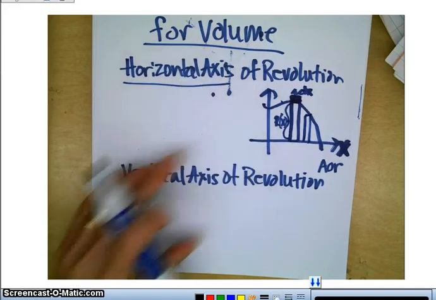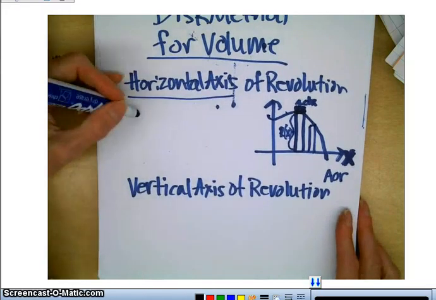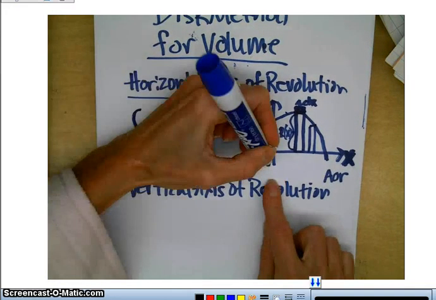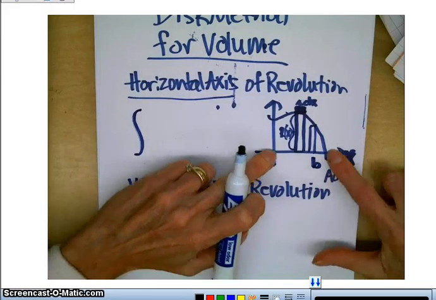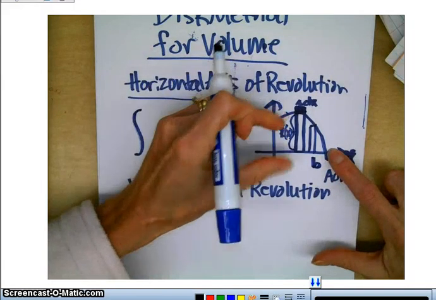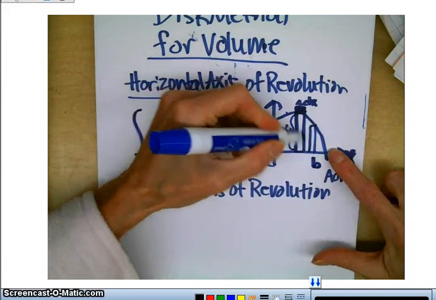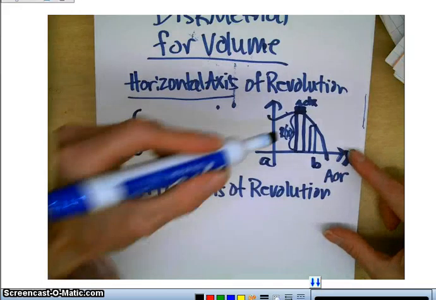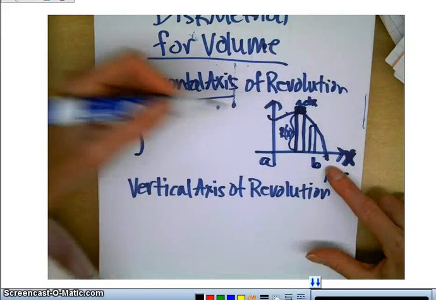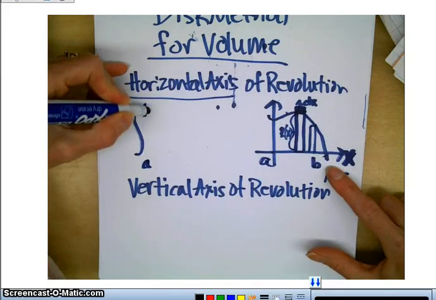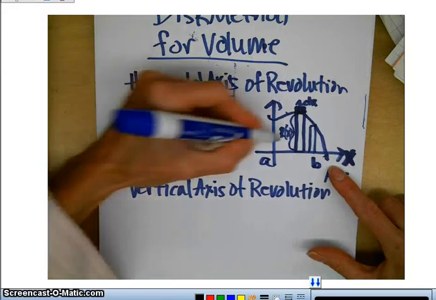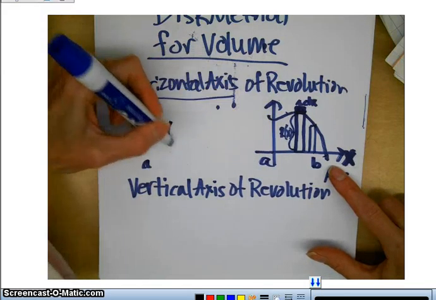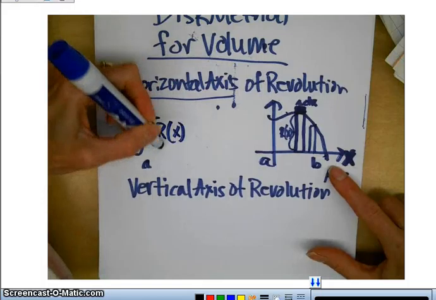Now the formula, what you're going to do then is you're going to integrate from a to b. Okay, so here's a and here's b. You want to rotate this shape right here around the x-axis. You're always going to integrate from a to b. And you're going to take your r of x and you're going to square it.